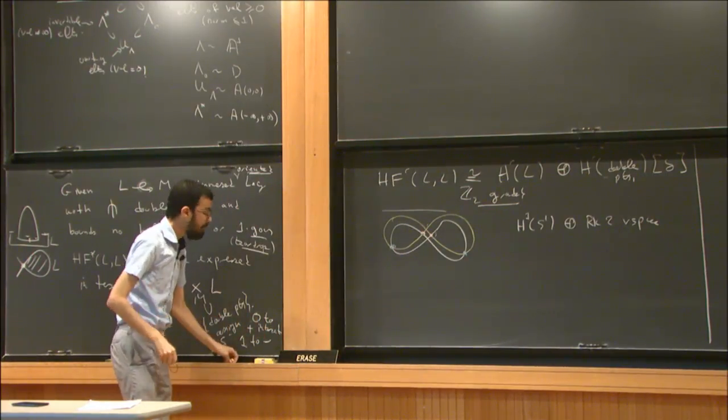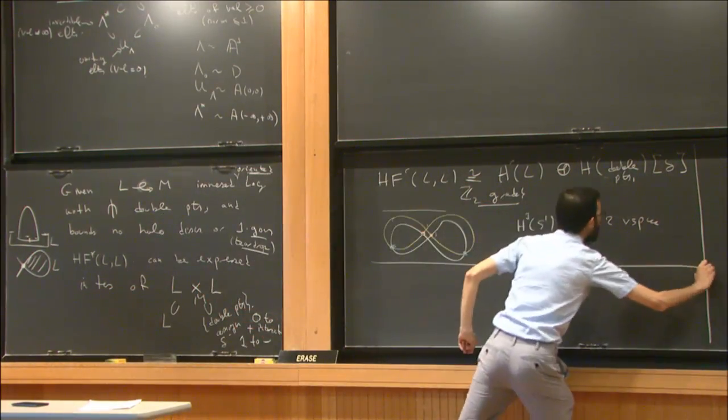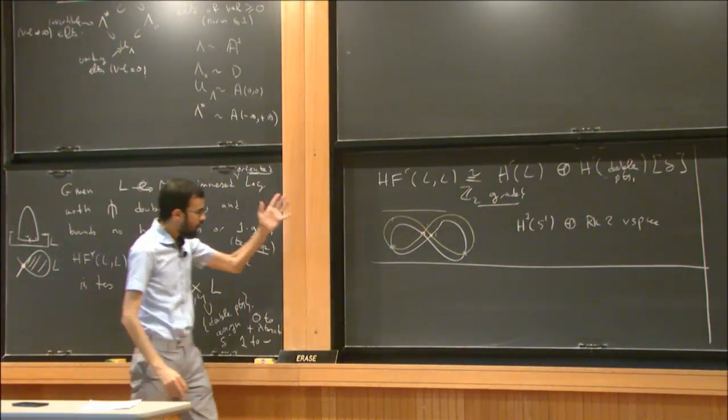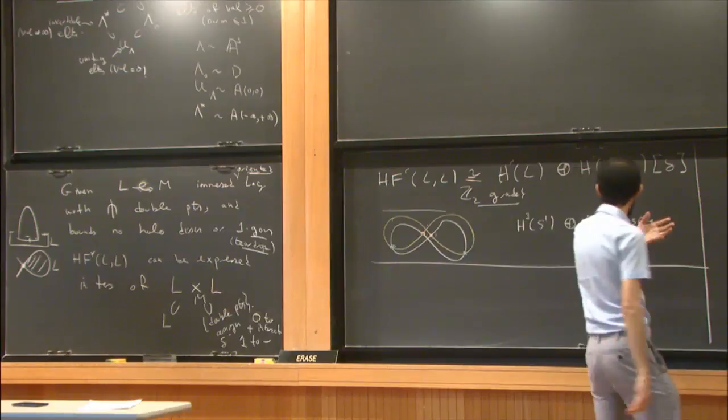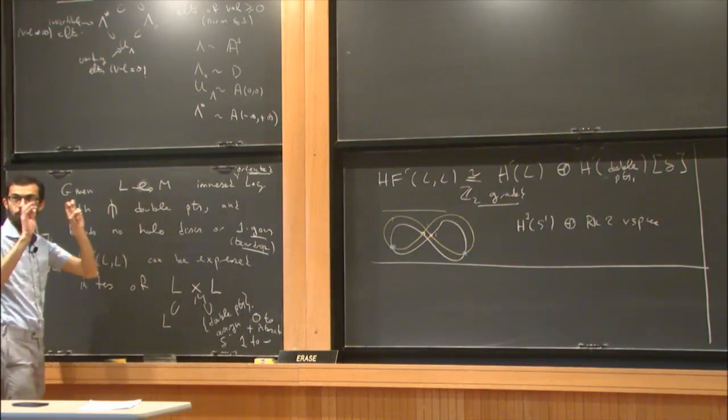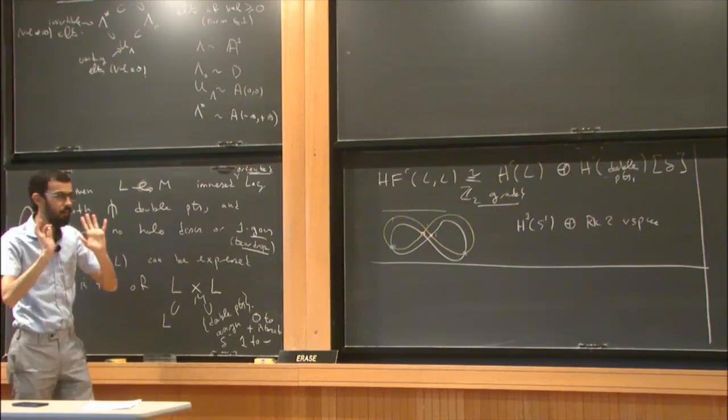Okay, so anyway, now what I explained last time, so this is the thing. You could ask yourself what are the objects of the Z2 graded Fukaya category of M that should be supported on L and are simple.